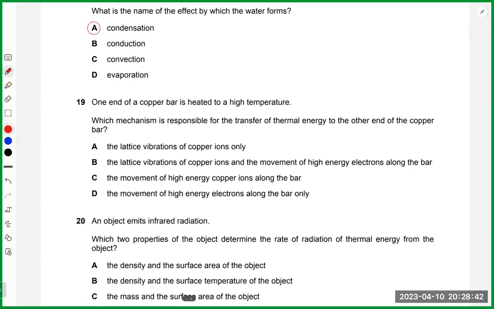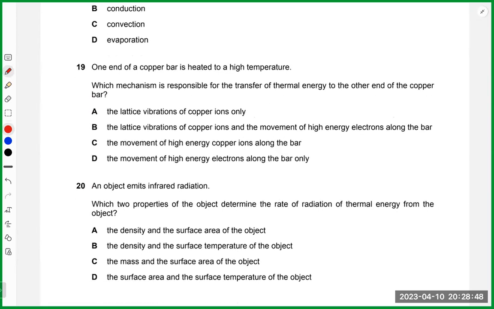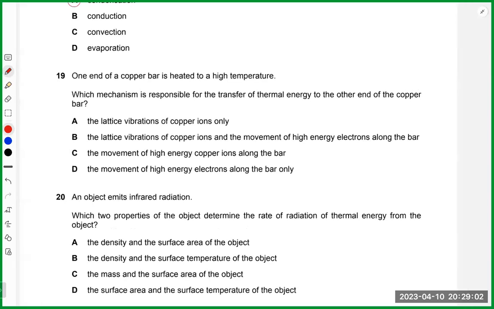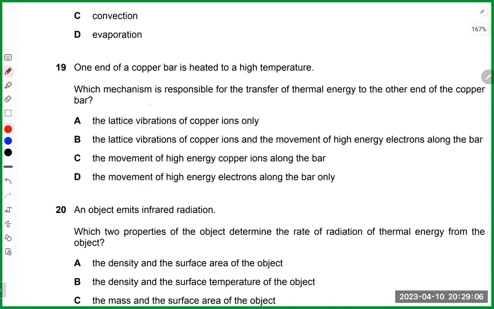One end of a copper bar is heated to a high temperature. Which mechanism is responsible for the transfer of thermal energy to the other end of the copper bar? Lattice vibration of the... Now, conduction takes place with two different methods. Number one is the lattice vibration, the vibration of the layers of molecules of the solid.